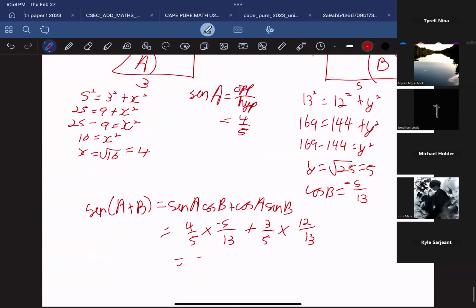So this is minus 4 over 13 plus 36 over 65. Over 65, minus 20 plus 36. So you get 16 over 65.